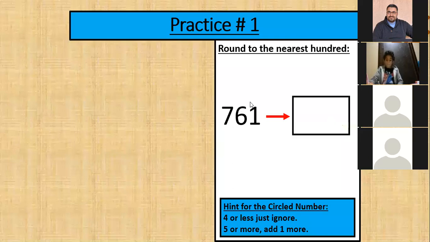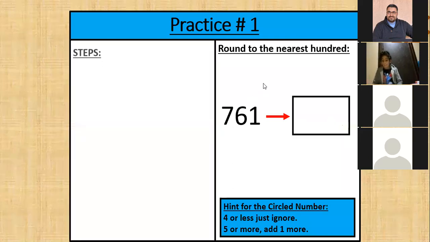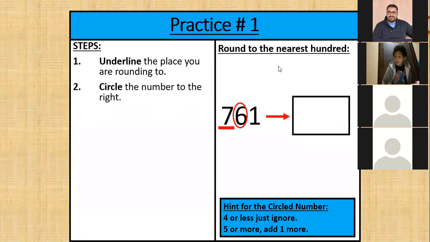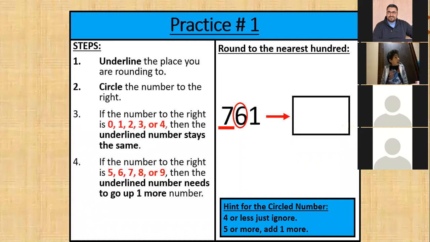We will put a line under 7. Very good. And then we will make a circle around 6, and we will check the number.